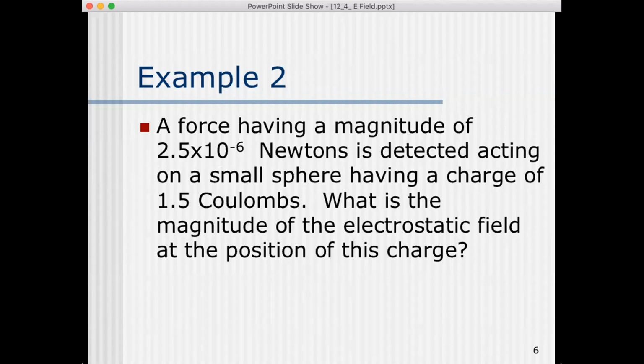What is the magnitude of the electrostatic field at this position? So what I'm doing right now, because I can't show you both screens, is writing down the givens on a sheet of paper, and then we're going to solve for it. Let me go back to Ziggy.